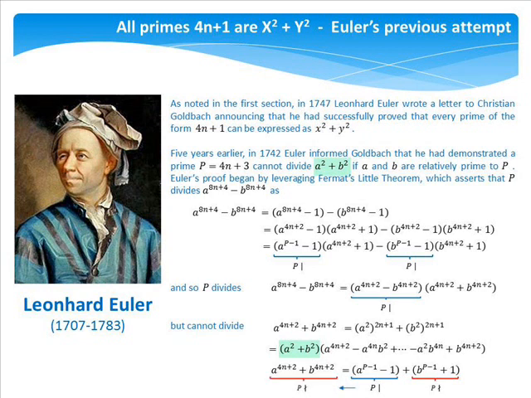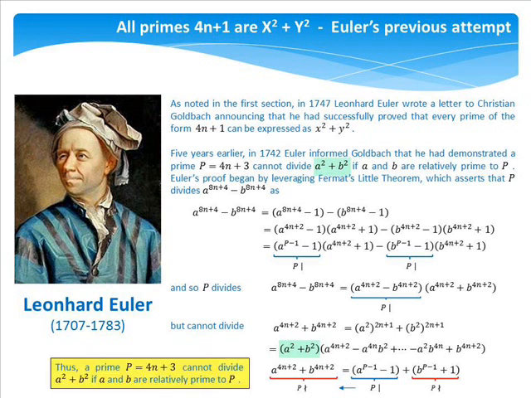Hence, p cannot divide a raised to 4 times n plus 2 plus b raised to 4 times n plus 2. Consequently, a prime of the form 4n plus 3 cannot divide a squared plus b squared if a and b are relatively prime to p.